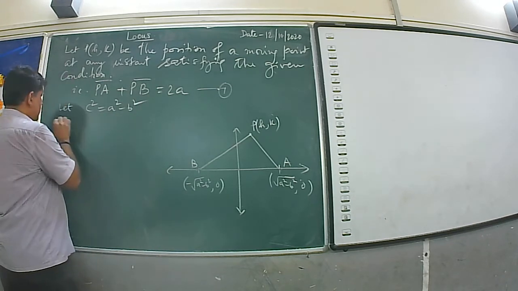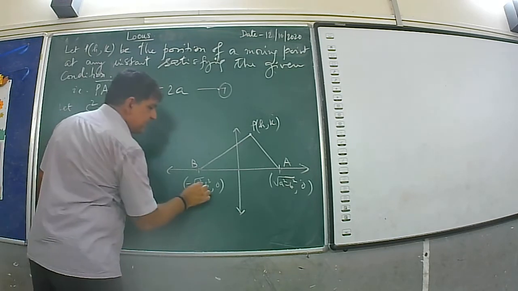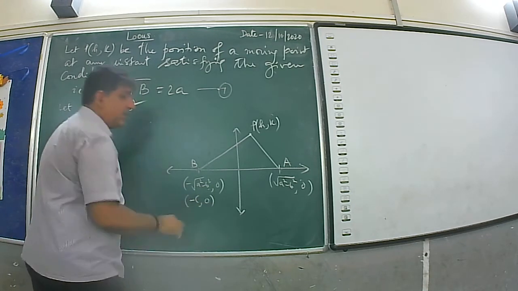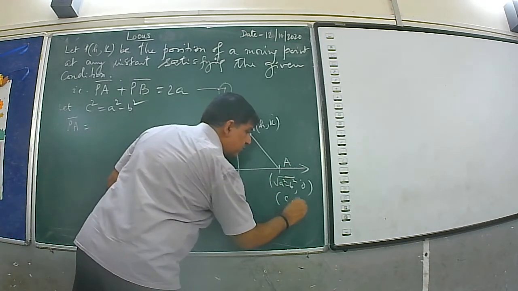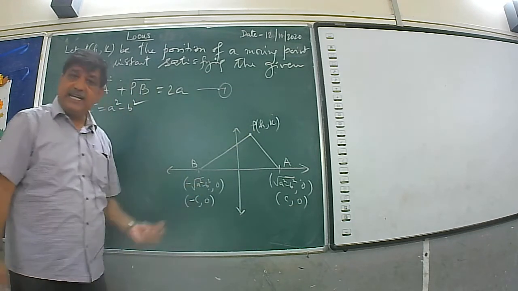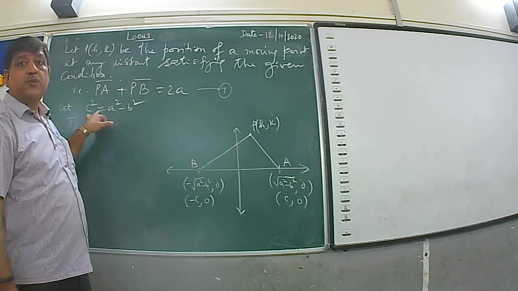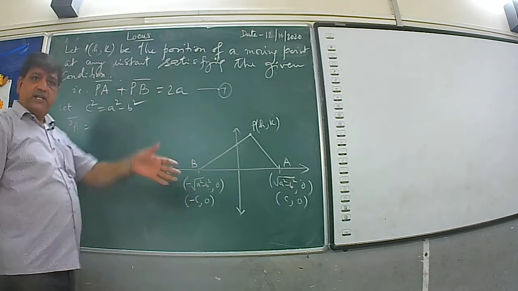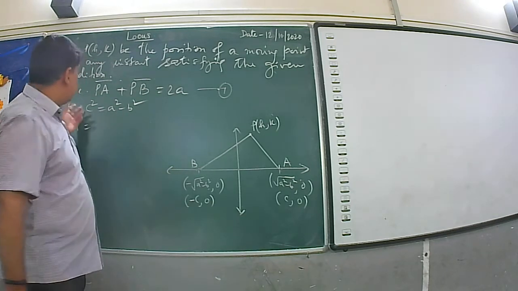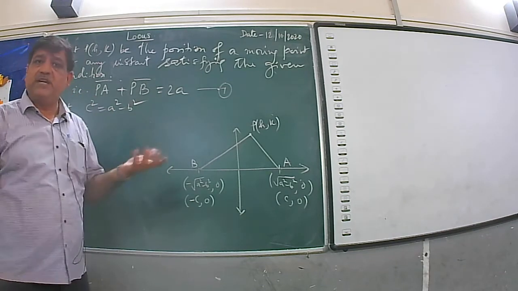Therefore, this point will be minus c comma 0 and this point will be c comma 0. So we will have a relaxation with this radical sign if we assume a square minus b square as c square. If there is need to put down the value of c square, we can put it as a square minus b square. That will depend on us.